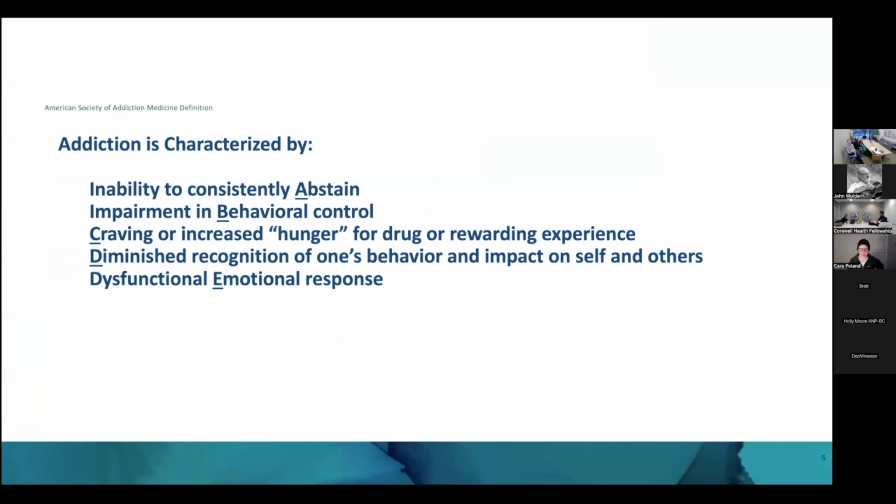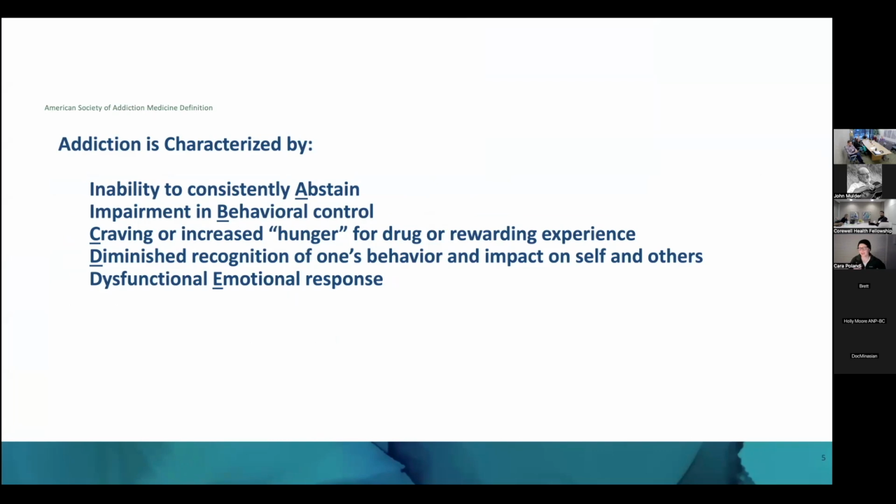For those folks that like mnemonics, what we need when we're looking to diagnose addiction is something beyond tolerance and withdrawal that is sort of ego dystonic with how that person wants to lead their life.